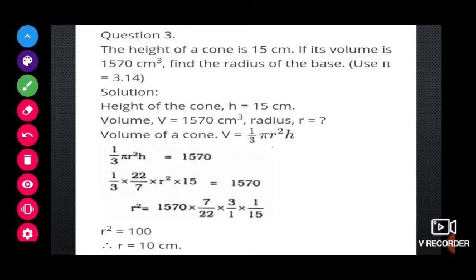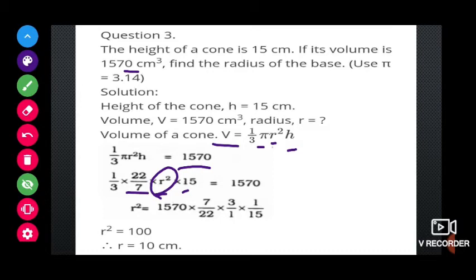As we know already, volume is equal to 1 by 3 pi r square h. So substitute whatever values we have: volume is 1570, pi, r we don't know so keep it like that only, and height is 15. Now we want r, so send all the remaining to that side. Always keep it in mind.